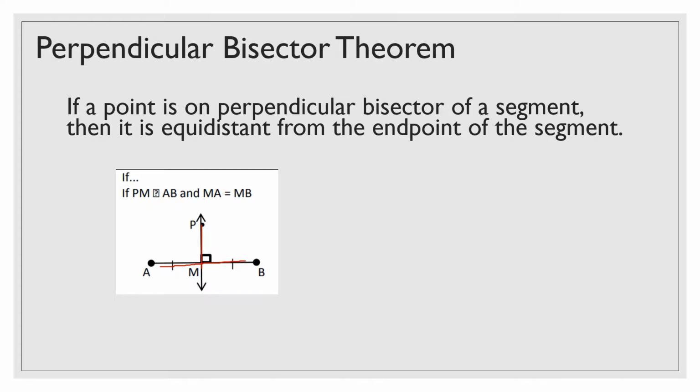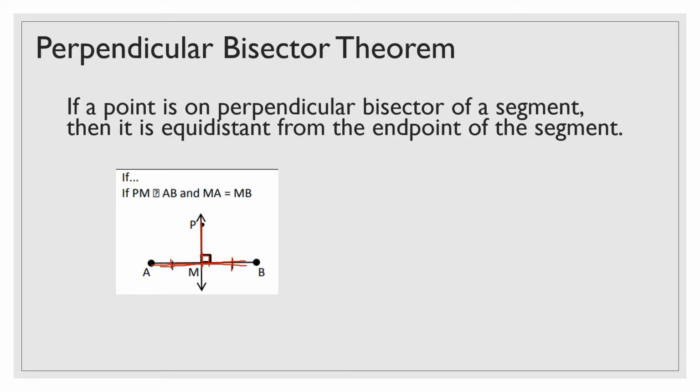Okay. So pag sinabing perpendicular, magkakaroon ka dyan ng 90 degrees. At ibig sabihin, itong MA na to ay congruent sa MB. Dahil kung ito ay perpendicular bisector, mahati yung AB into 2 congruent segments.